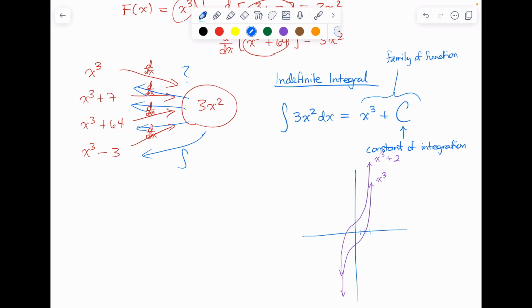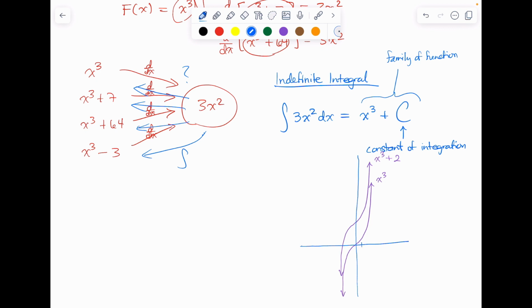Let's make this a little bit more accurate here. I believe I have to draw the x-axis around here for this to be more accurate. So something like this, right?